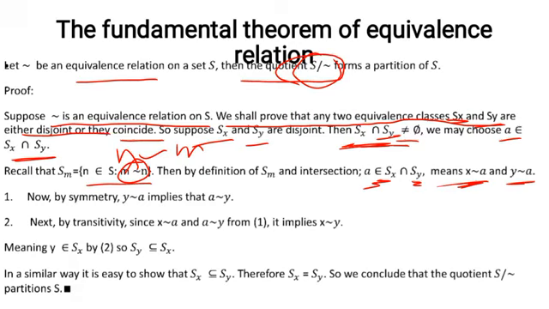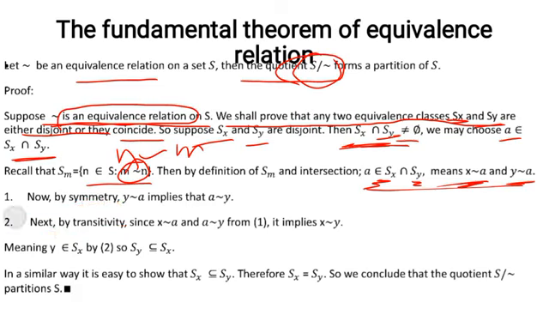Meaning that I can have conditions further from this condition. How? I know that my relation is an equivalence relation. It is reflexive, transitive, and also symmetric.